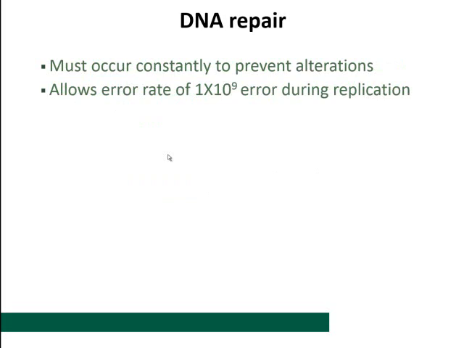So DNA repair, needless to say, must occur constantly to prevent alteration. And this is why it pushes the error rate to about 1 in a billion errors during replication. Without that repair, it will be worse than 1 in a billion.